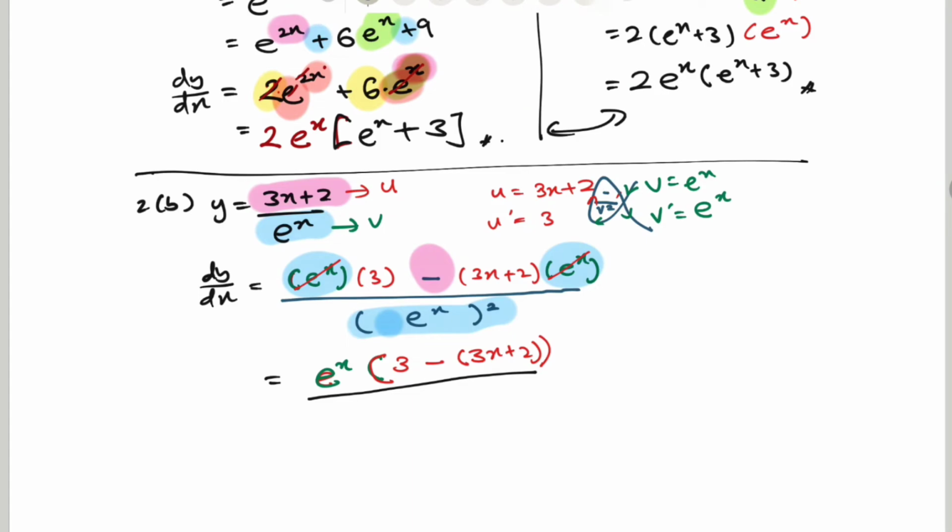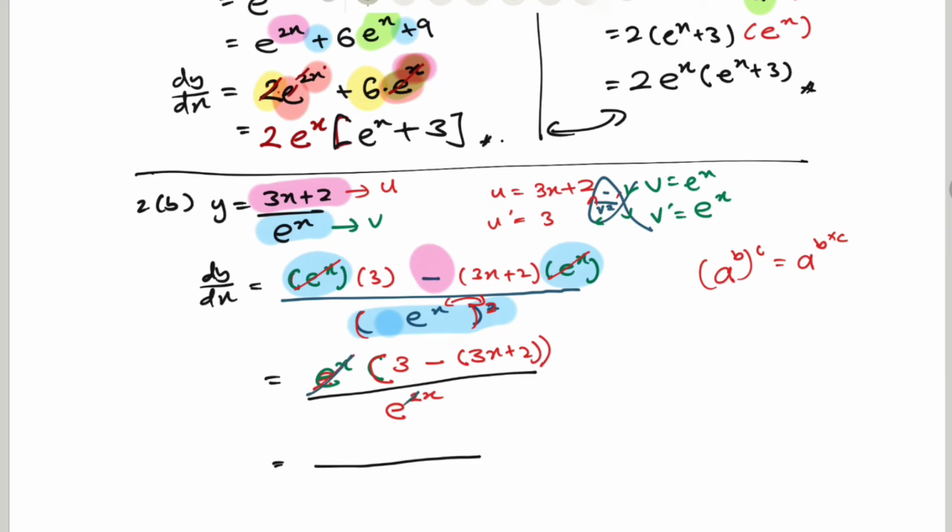At the denominator, when we have a bracket and power 2, that means that we can multiply 2 with that x. Remember these rules of indices. Something like this just simply means a to the power of b times c. So at the denominator, this is just e to the power of 2x. But since we have factorized e to the power of x at the numerator, we can cancel off with the e to the power of x at the denominator. And what's left is just e to the power of x to the power 1.